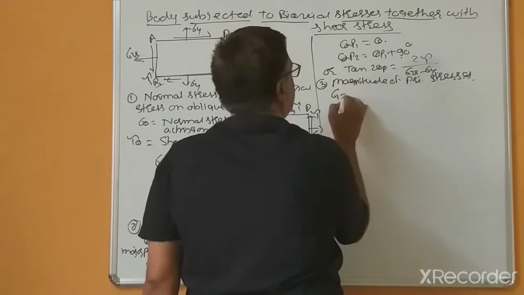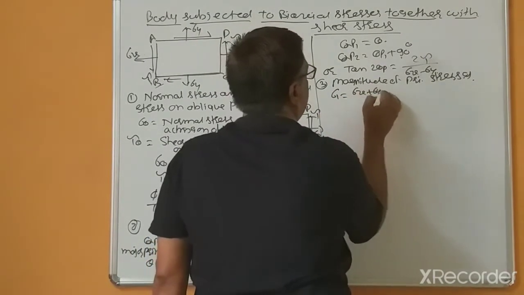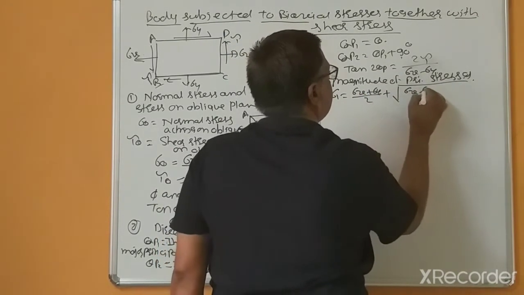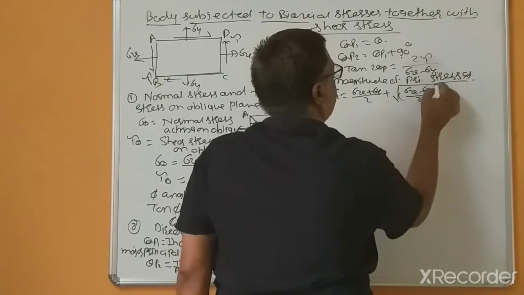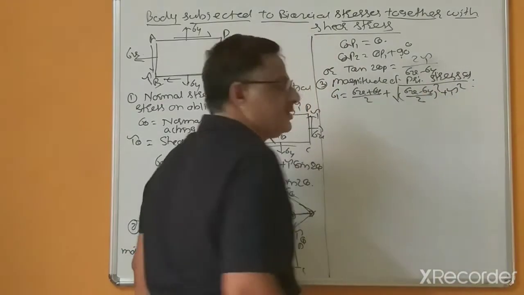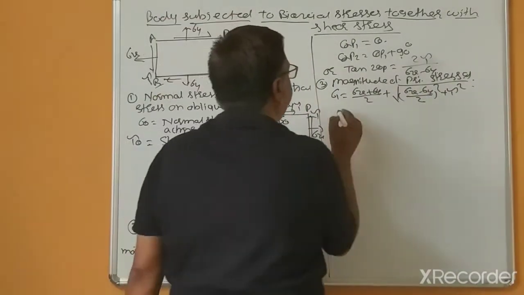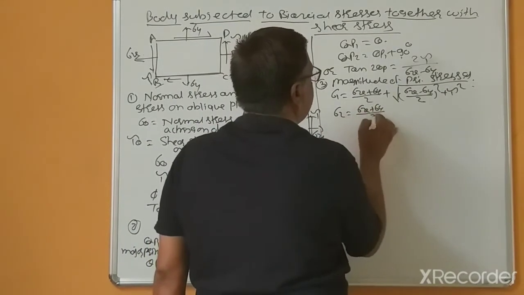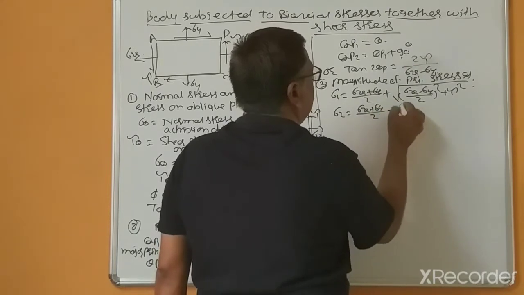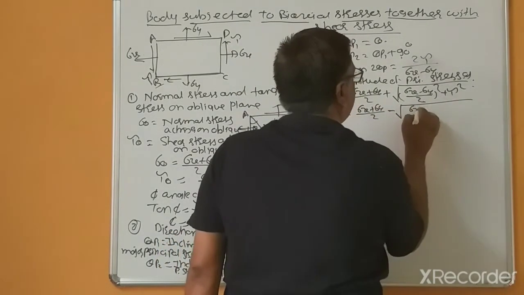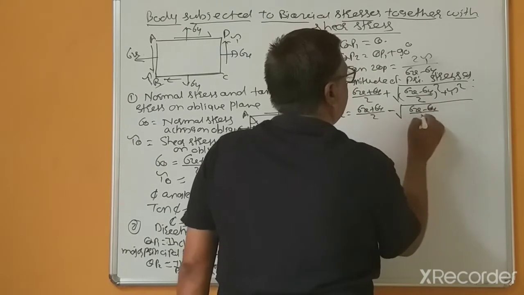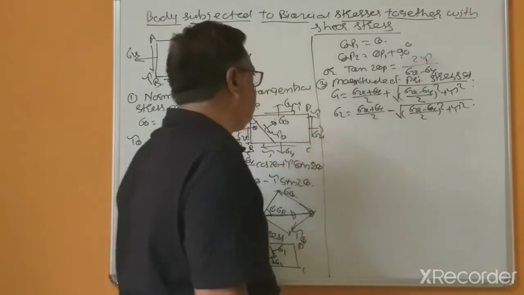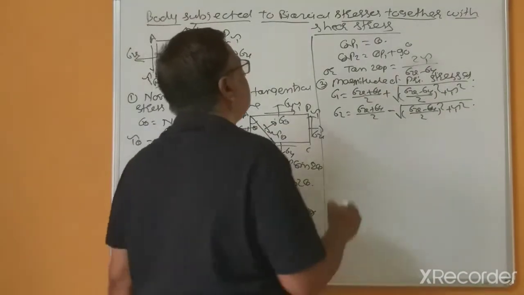So sigma 1 equals sigma x plus sigma y divided by 2 plus under root of sigma x minus sigma y divided by 2 bracket squared plus tau squared. This is the maximum principal stress. Sigma 2 equals sigma x plus sigma y divided by 2, with the plus sign negative and the rest of the things the same, plus tau squared. So this is the magnitude of the principal stress.